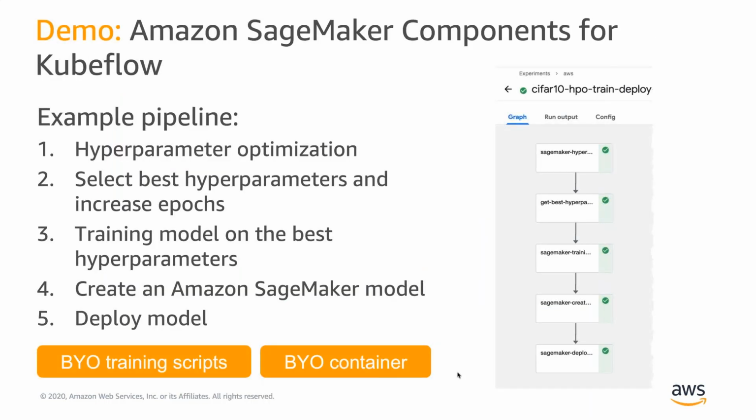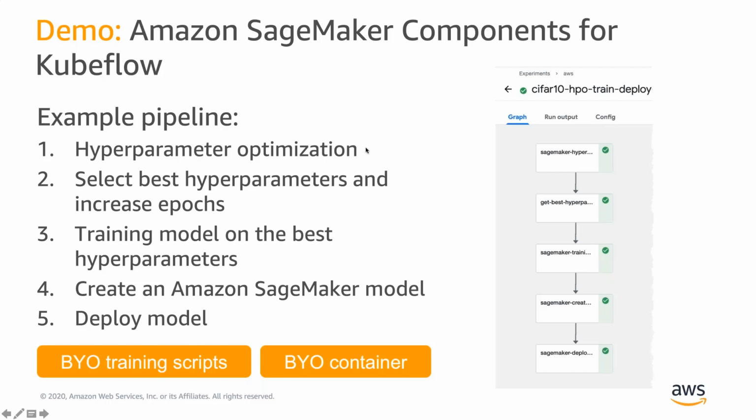In this demo, I'll build a very simple pipeline. This pipeline is 5 steps, as you can see on the right. We'll go through hyperparameter optimization. I'll specify a training script, and I'll specify the hyperparameters that I want to tune. This is a step that will happen in Amazon SageMaker, but it'll be in a Kubeflow pipeline. After we run the hyperparameter optimization job, I'll pick the best hyperparameters from the large number of jobs that SageMaker runs for me, and then I'll increase the number of epochs.